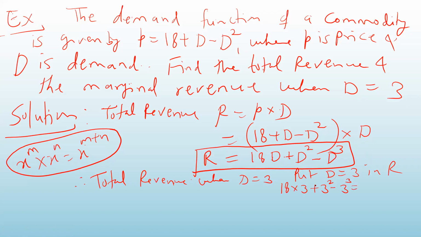So 18 into 3 is 54, plus 3 square is 9, minus 3 into 3 into 3, that is 27. Calculate this. So 54 plus 9 minus 27.